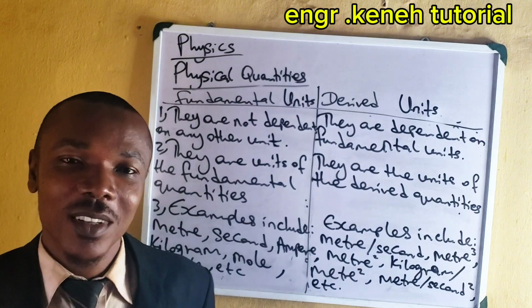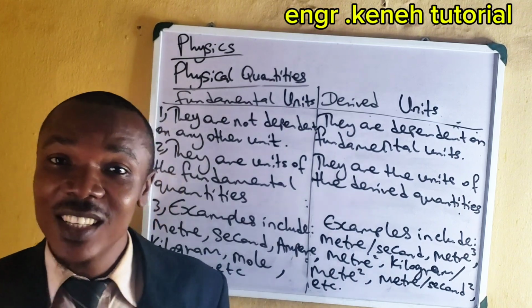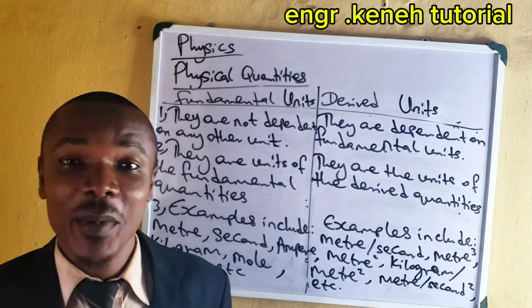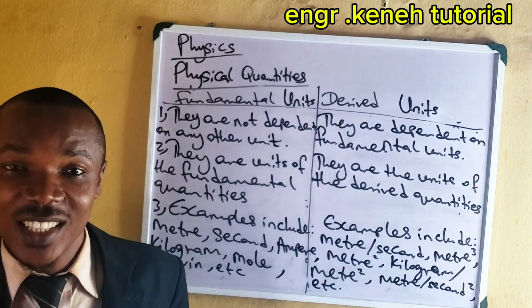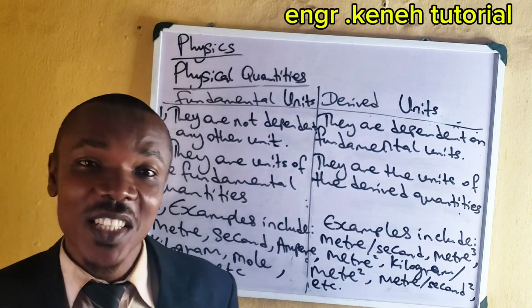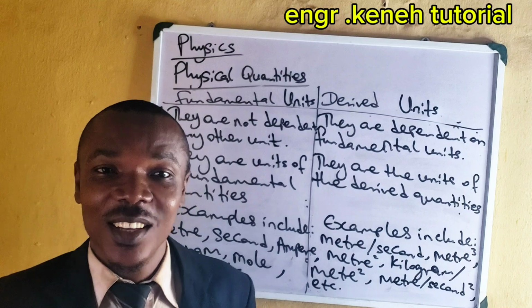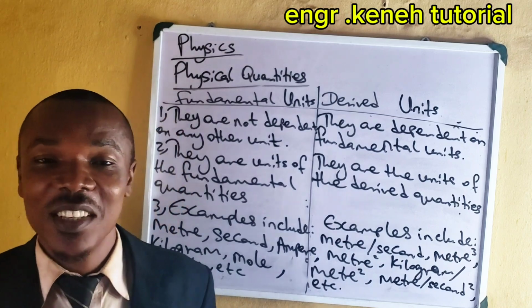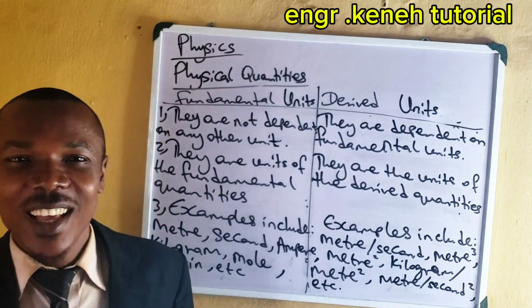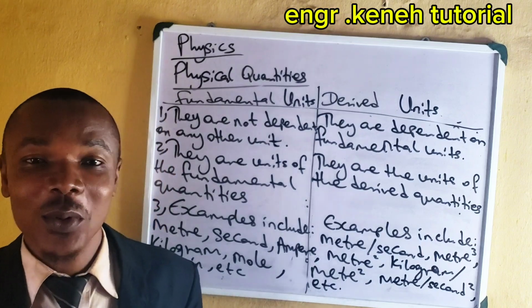They will ask you to briefly explain the following: fundamental quantities, derived quantities, fundamental units, derived units, and write differences between fundamental quantities and derived quantities, and between fundamental units and derived units.